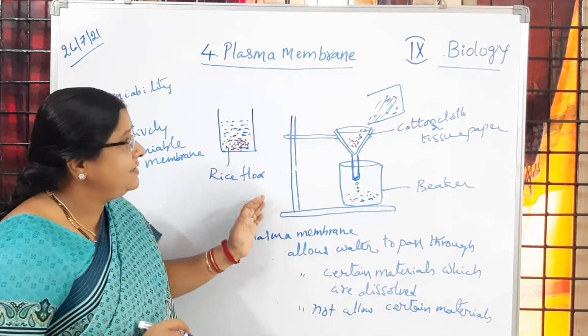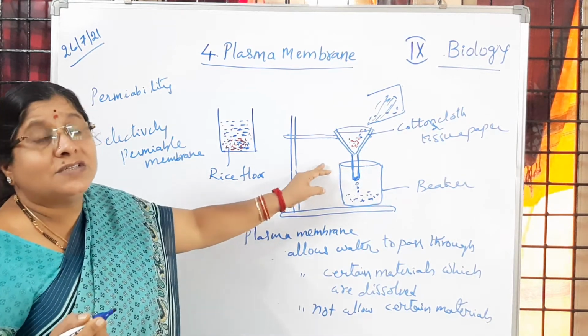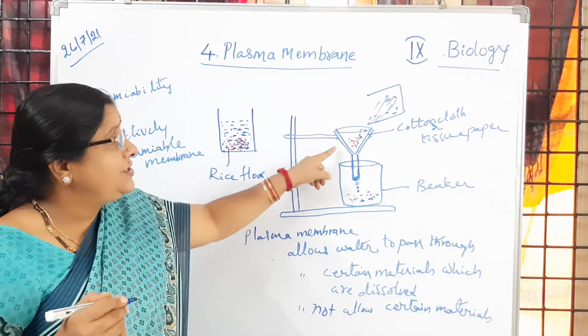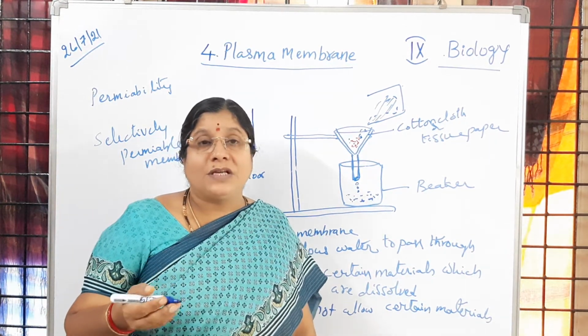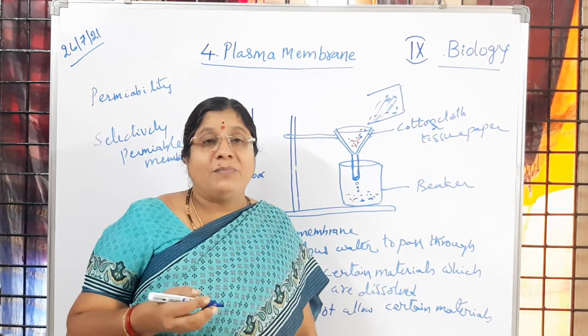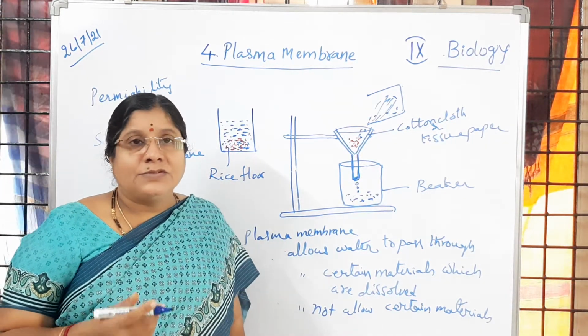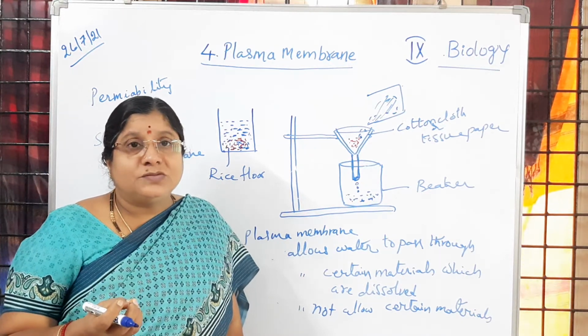So with this activity, this process is filtration. In the filtration process, what are you learning? Filtrate and residue, we are observing. In your homes also you are observing this process, filtration. Is it not? When your mother is preparing coffee or tea, we are using a net.